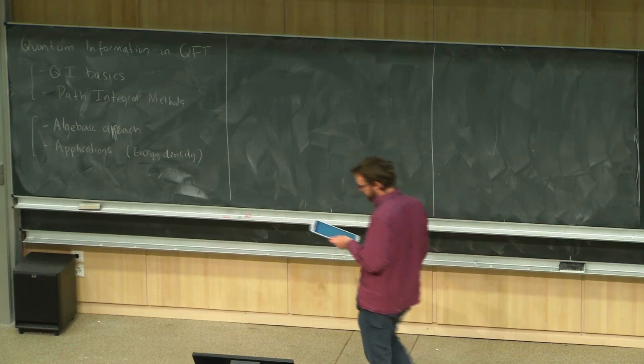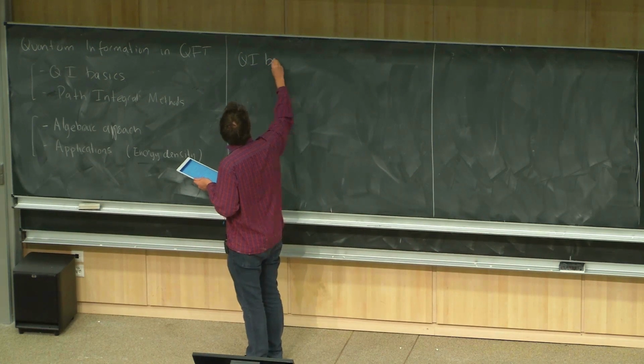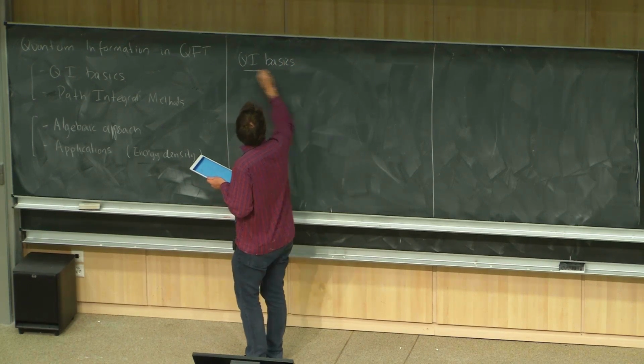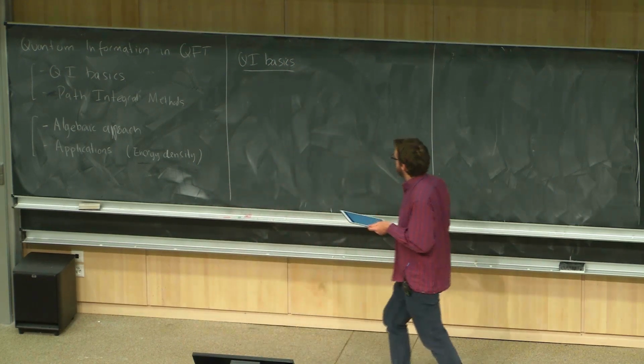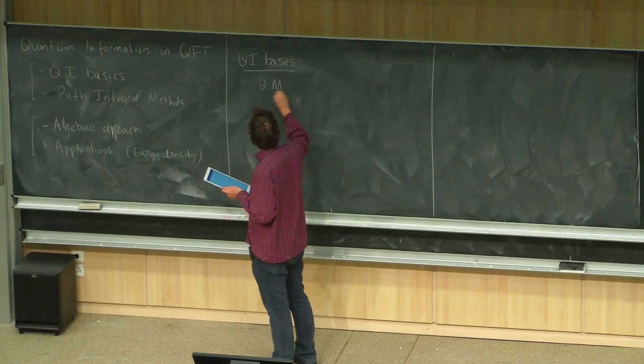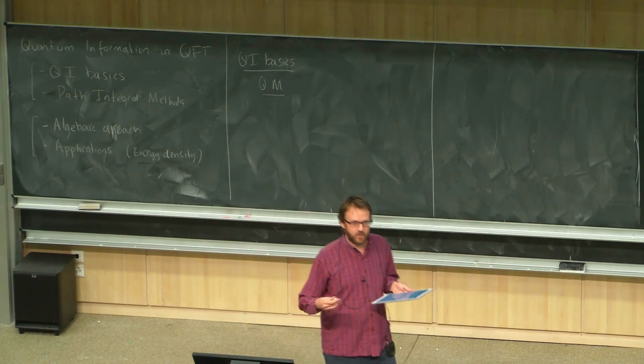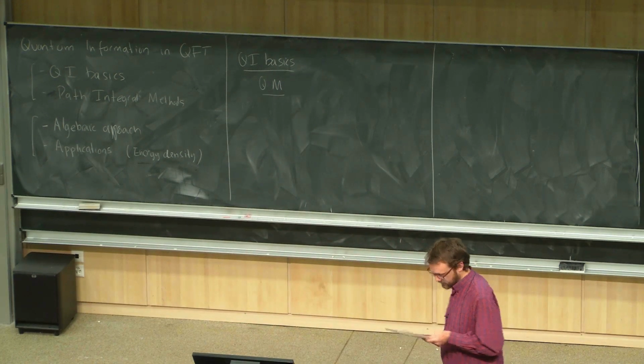Okay, so let's start. So, we're talking about quantum mechanics. And quantum mechanics is an inherently probabilistic theory, so it's natural to think about it from an information point of view.